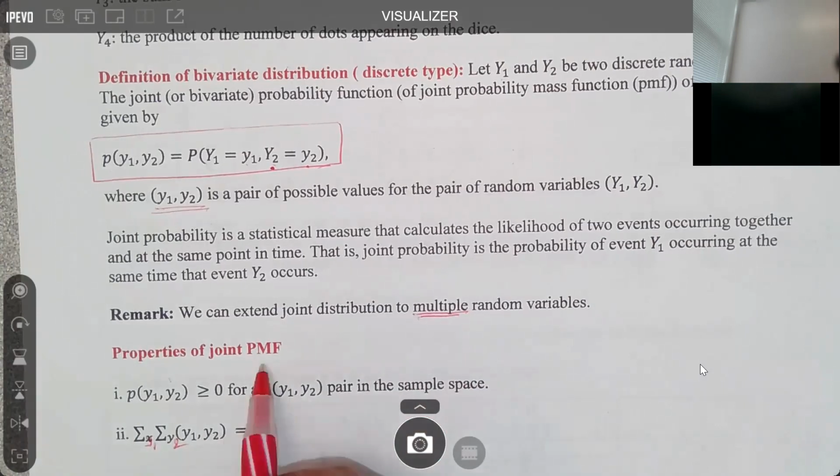Now, properties of the joint probability mass function. It's a mass function because we are talking about a discrete random variable. For a discrete random variable, we say probability mass function.